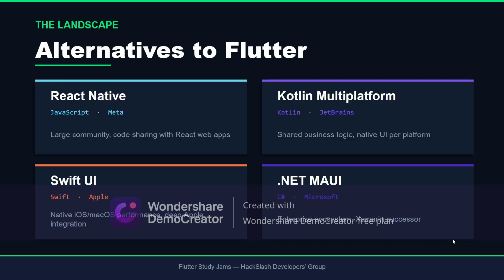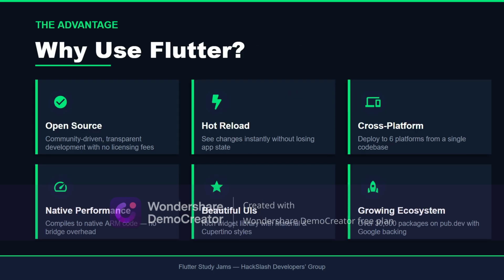And why choose Flutter? First, it is completely open source with no license fees and a highly transparent, community-driven development process. Second, there is the developer's favorite, hot reload. You can save your code and see changes instantly on your device without losing the app's current state. It makes UI tweaking incredibly fast. It's truly cross-platform, deploying to 6 platforms from one code base.